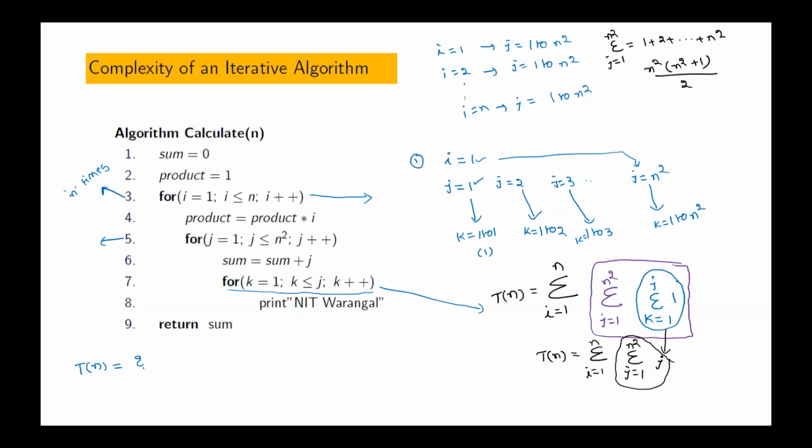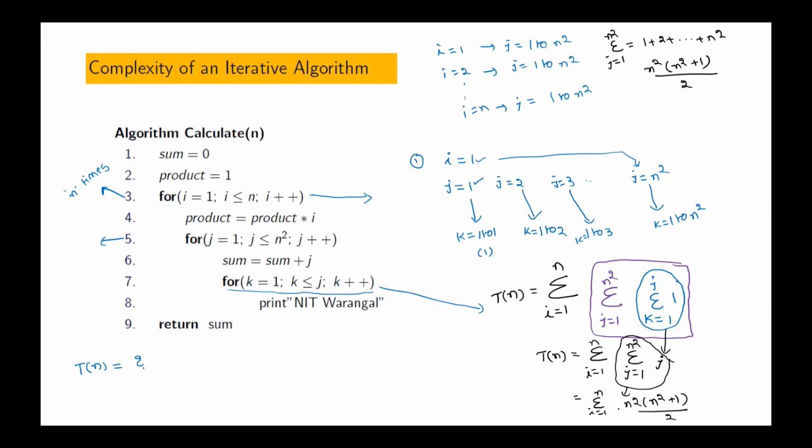Okay, so we can replace this with it. Therefore, what is T of n? It equals sigma i equals 1 to n of n square into n square plus 1 by 2.